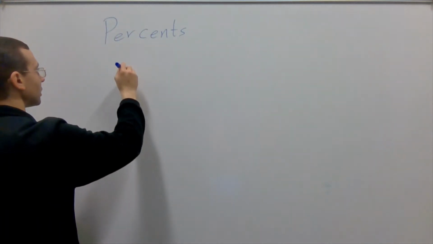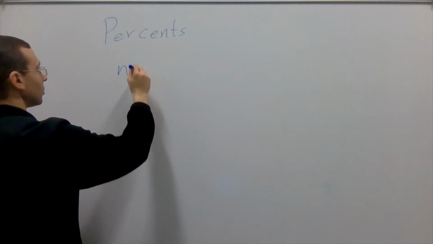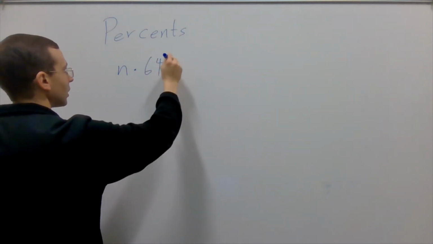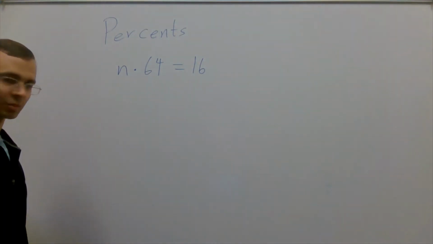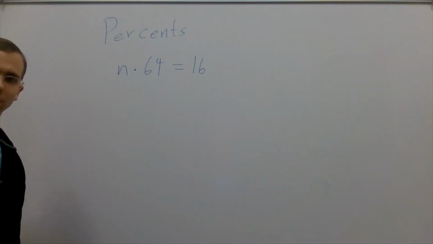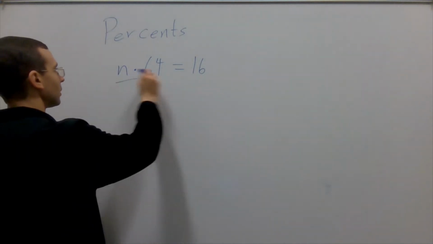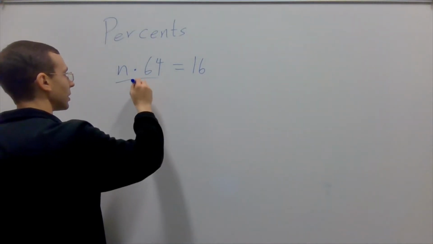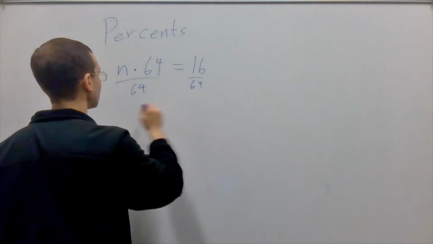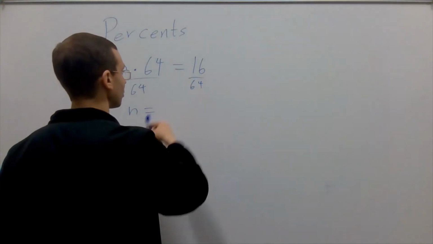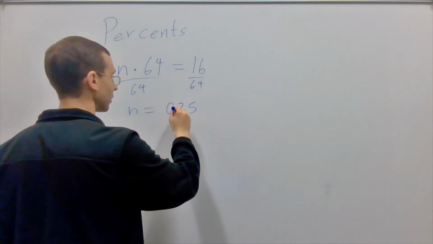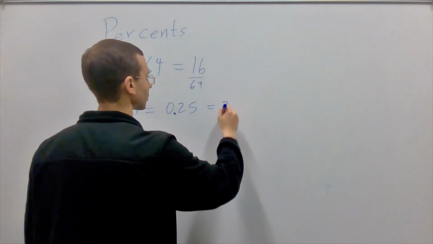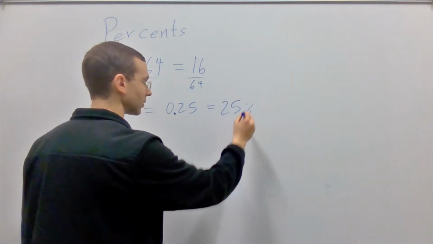What percentage times 64 gives me 16? And here we have a simple one-step algebraic problem, right? Okay, so divide by 64. You do that division, you get 0.25 or 25%.